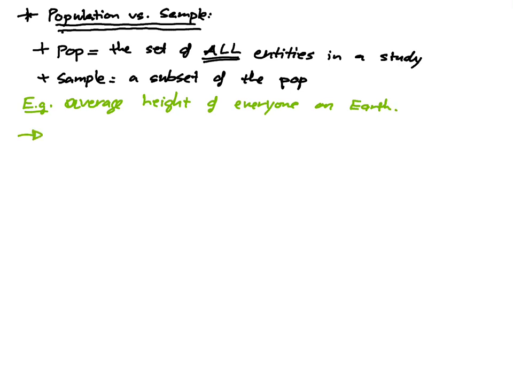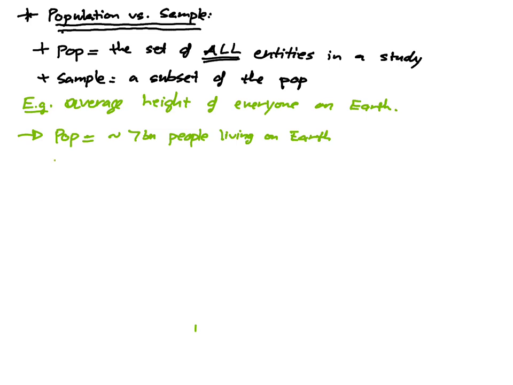So in that study, my population consists of roughly 7 billion people living on Earth. Okay, so people in the United States, people in Canada, people in the UK, people in South Africa, China, Brazil, everywhere, right? Of course, we can't possibly measure the heights of all 7 billion people. And so the idea is we want to take samples, right?